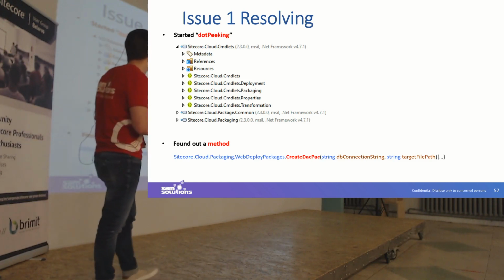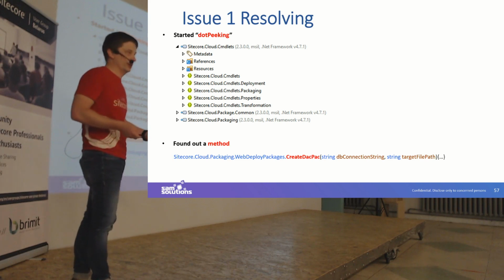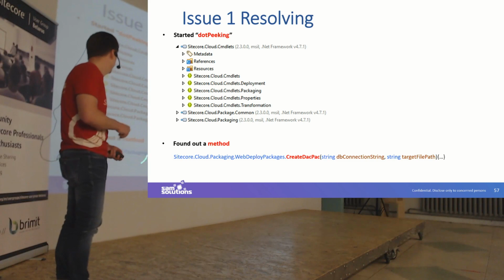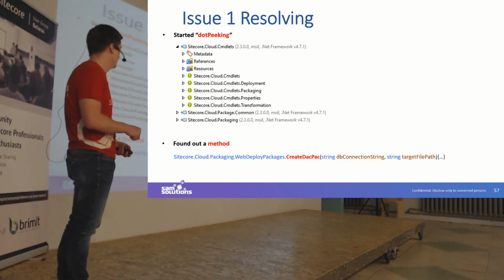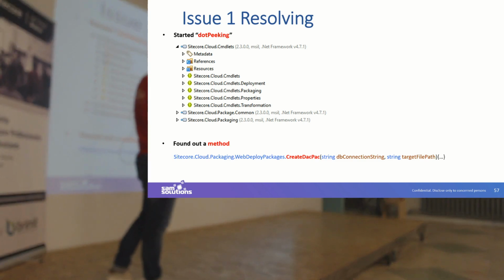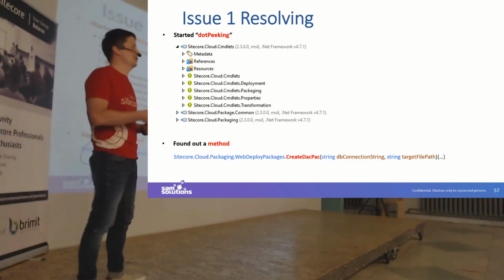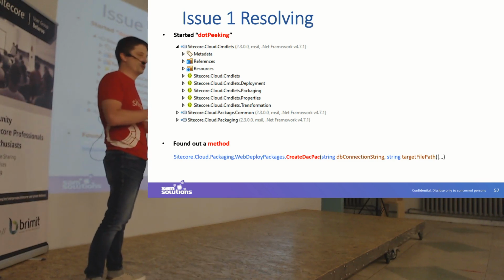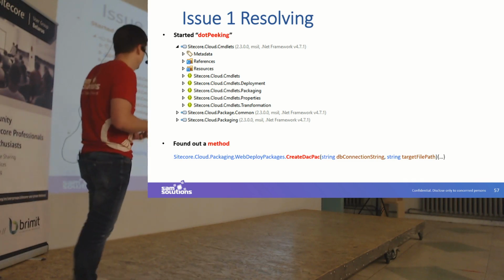So I started decompiling the Sitecore Cloud library to understand what's inside, and I found a method. This is the create DACPAC method. It means inside this method DACPAC files are prepared and put in a D drive temporary folder.